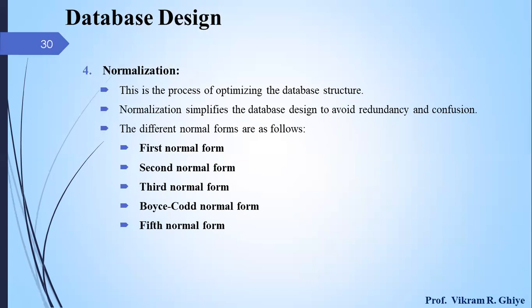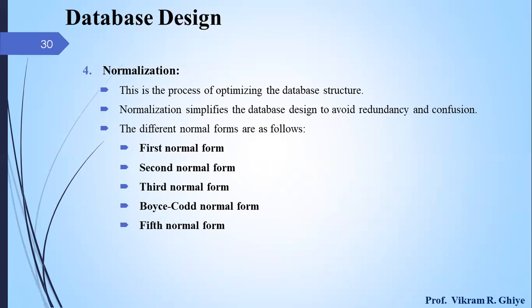Normalization is the fourth step, and it is very important. The purpose is optimizing the database structure. For the optimization, normalization is normally used. Normalization simplifies the database design to avoid redundancy and confusion. All these good features of relational database design can be given by normalization itself.